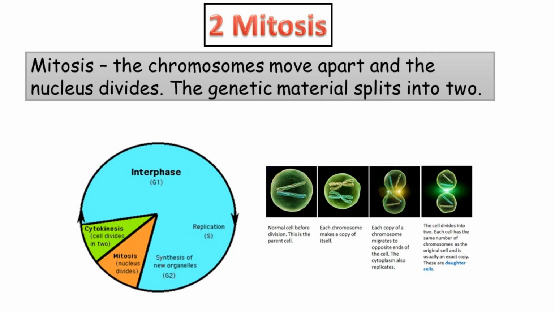During mitosis, the chromosomes, which have been copied, move apart and the nucleus divides. The DNA, the genetic material, has now been split into 2 identical copies. Once this has taken place, we're ready to divide our cell into 2 daughter cells, and this process, the third stage of the cell cycle, is called cytokinesis.